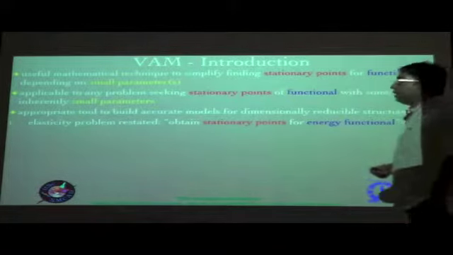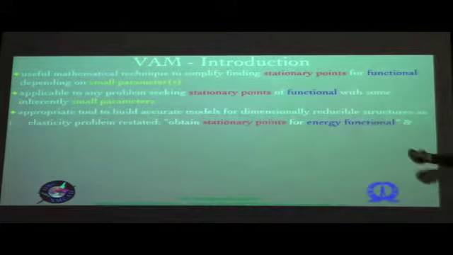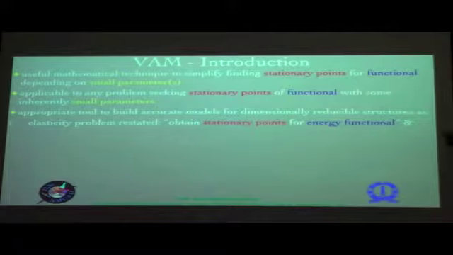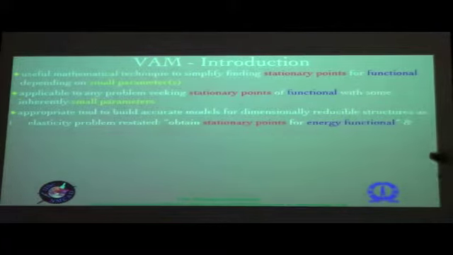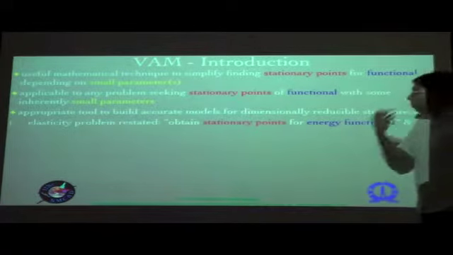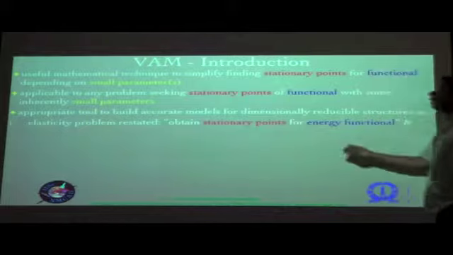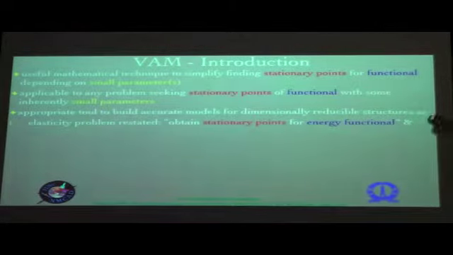So the elasticity problem is restated in a variational form, and this is something which was done much before VAM came into the picture. There have been variational approaches for structures problems, in particular the elasticity problem, where it is stated as obtaining the stationary point of the energy functional that would lead you to solving the elasticity problem.